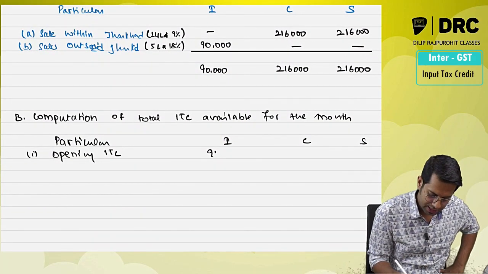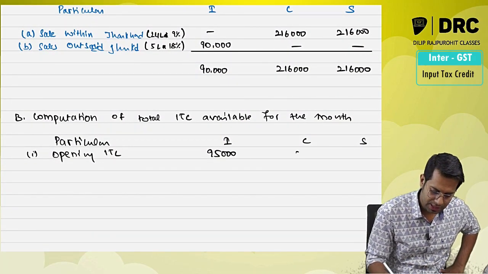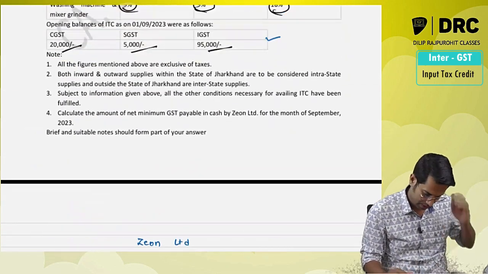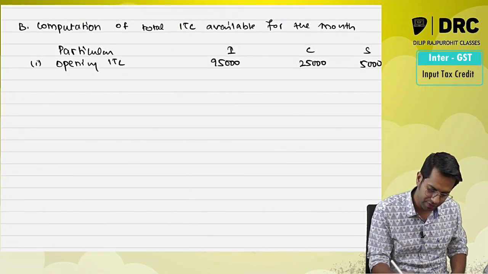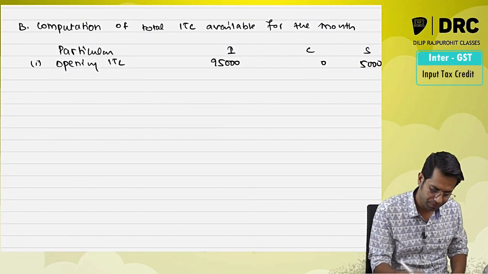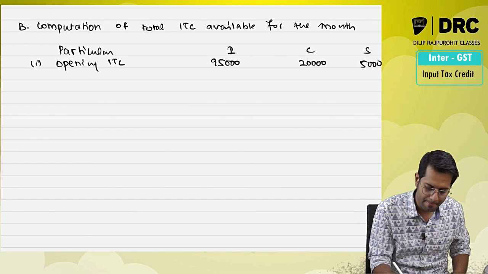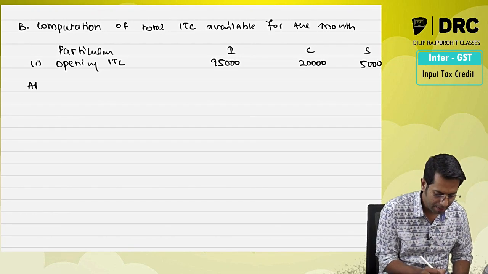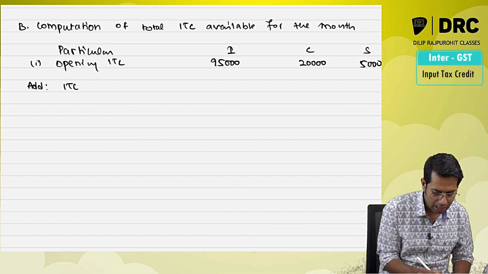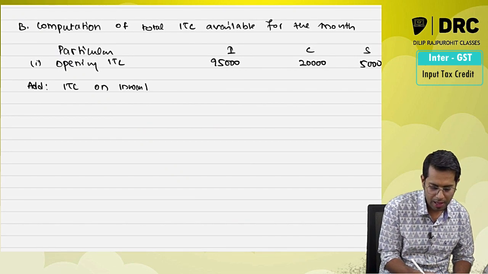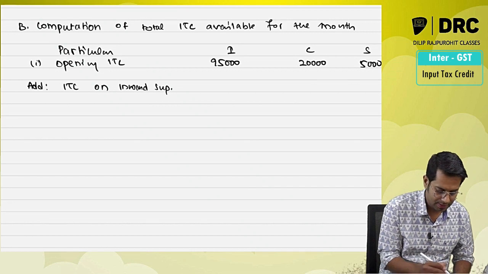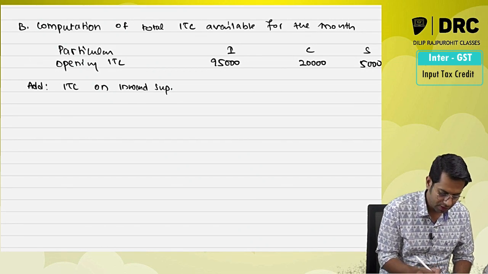So IGST is 95,000, CGST is 25,000, and 5,000 is SGST. This is 20,000, not 25,000. Then add ITC on inward supplies. So what are the different inward supplies which are made?